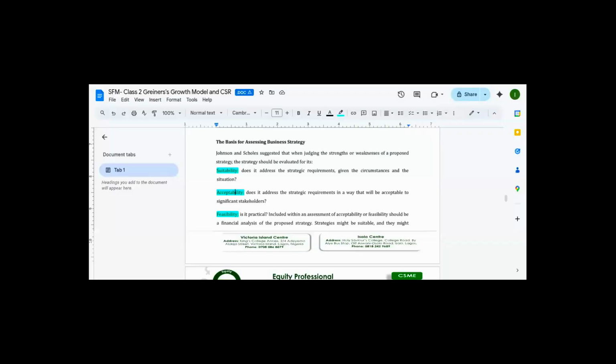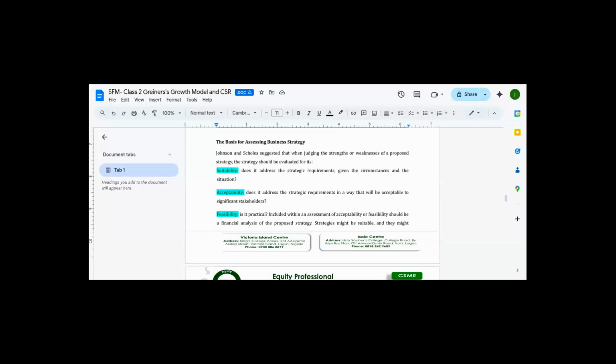Acceptability means, does it address the strategic requirements in a way that will be acceptable to significant shareholders? So when you look at that statement, it's telling you that any strategy that does not meet the expectations or strategic intent of the shareholders, or any strategy that is not in line with the vision and mission statement of the company, should be rejected outrightly, irrespective of the source where it is coming from.